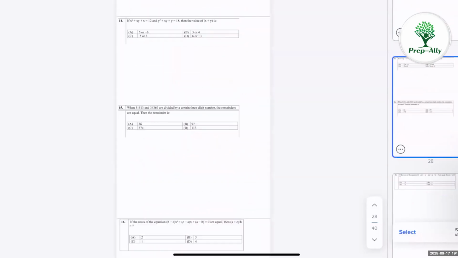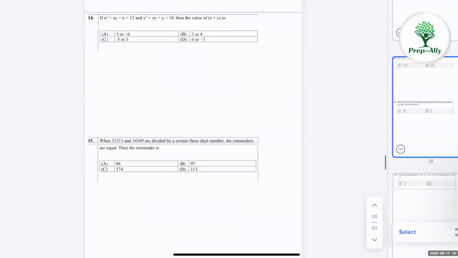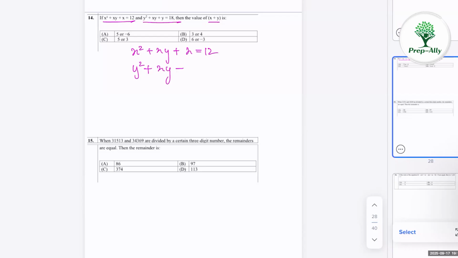Question number 14. We're given two equations and they're asking us the value of xy. We have x square plus xy plus x equal to 12 and y square plus xy plus y equal to 18. Now let's go ahead and add these two equations. We'll get x square plus y square plus 2xy plus x plus y equal to 30.